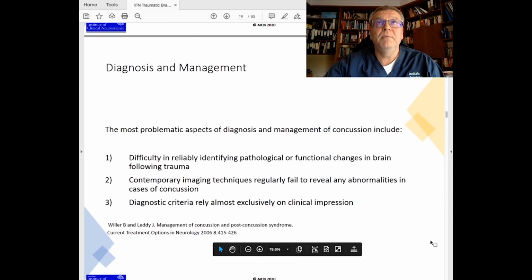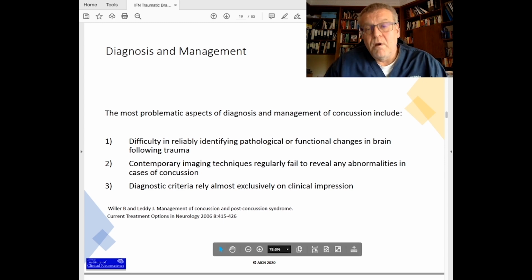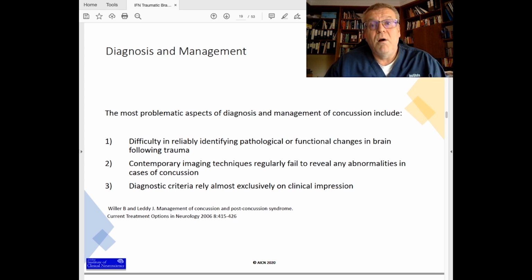Now, the diagnosis and management of concussion is also very controversial, I suppose is the word, because there are no tests. There's no blood tests, there's no radiology, there's no imaging studies that we could do to say, yes, this person has had a concussion. So the concussion is based on clinical assessment.